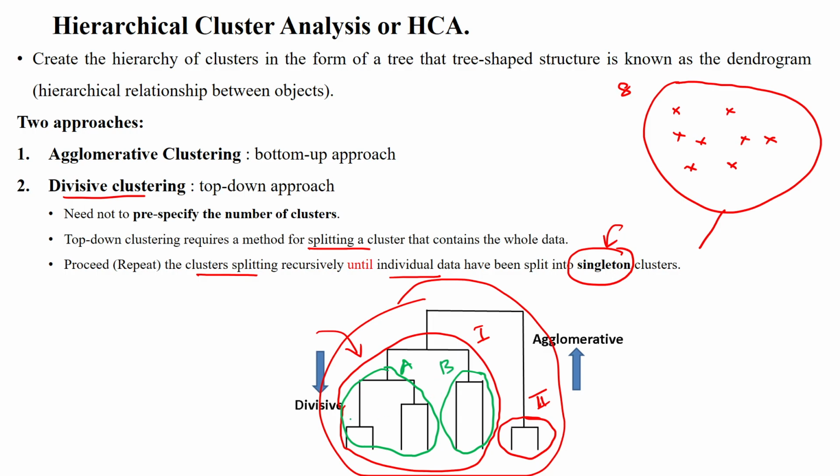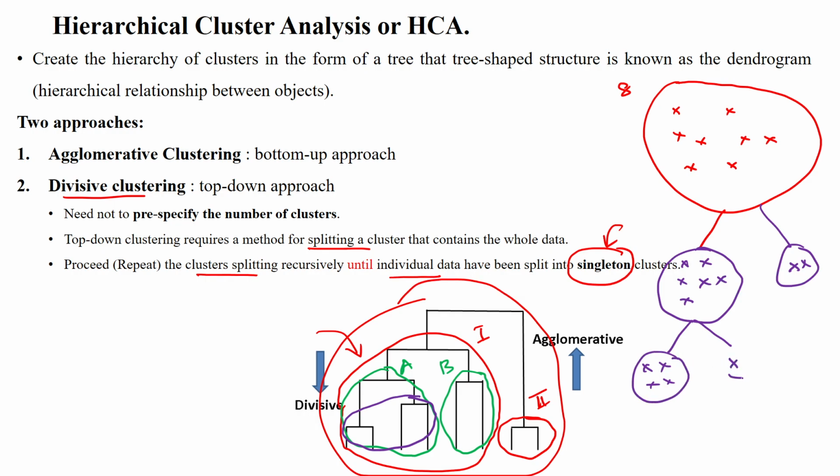Then again that capital A is having 4 data points. Again it is divided into two groups. Okay, so like that it will keep coming down from the top. So here 6 data points are available as per this example, which is having 2 data points, right? Then again it is split into 4 data points.